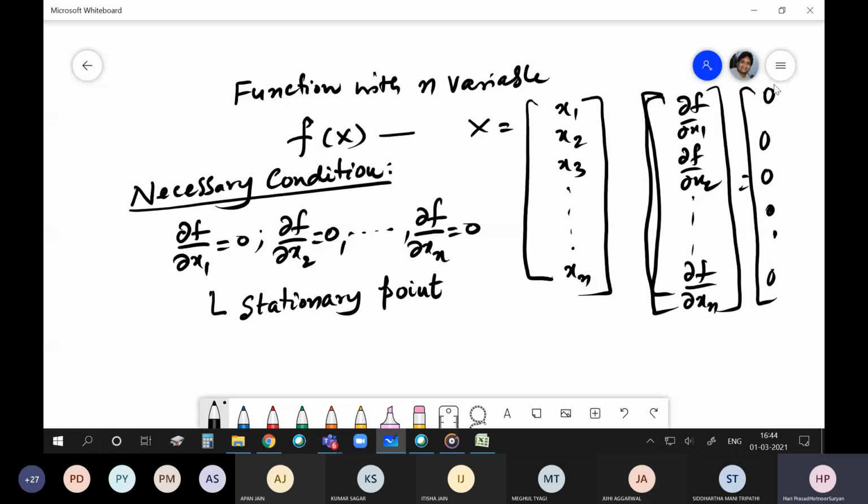This is my necessary condition. What is the sufficient condition now? If they are 0, I can say it will have either local minima or local maxima. But I want to pinpoint that it is a local minima. What should I do?